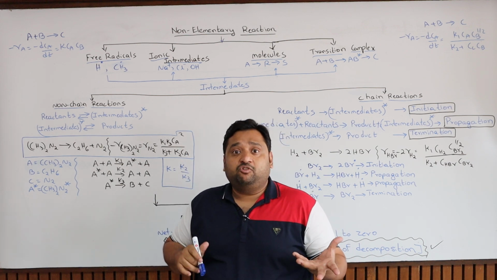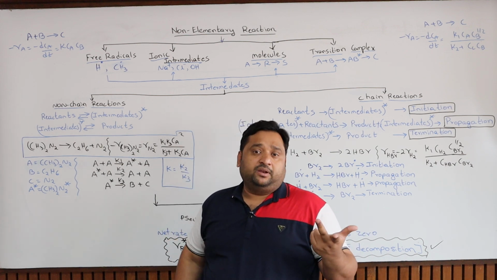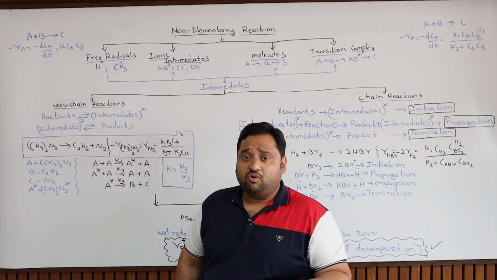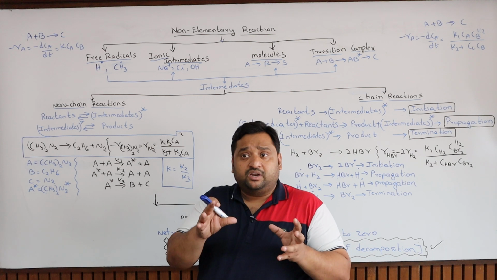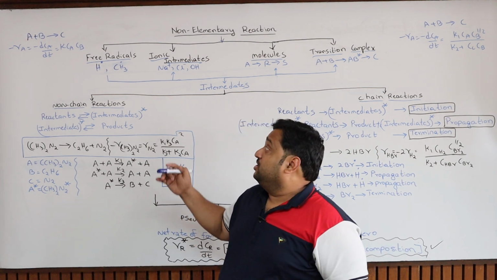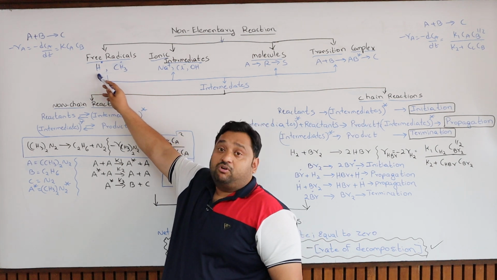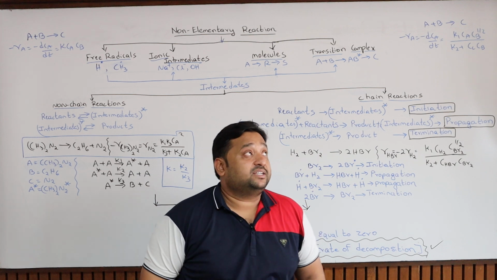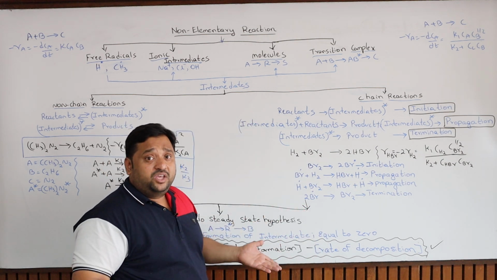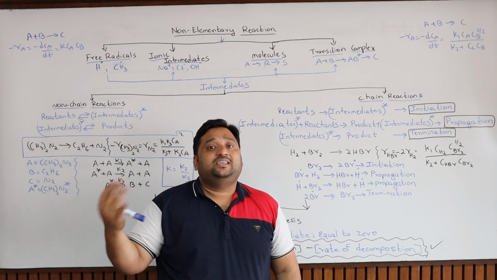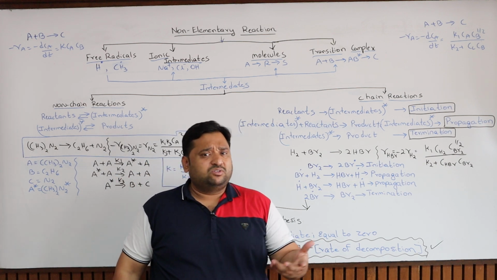They are highly reactive because they fall short of electrons, so during formation they immediately react to form the product or some other compound. Free radicals, such as H dot and CH3 dot, are called intermediates. Another kind of intermediates we will see is ionic intermediates: Na plus, Cl minus, OH minus. They are also reactive.